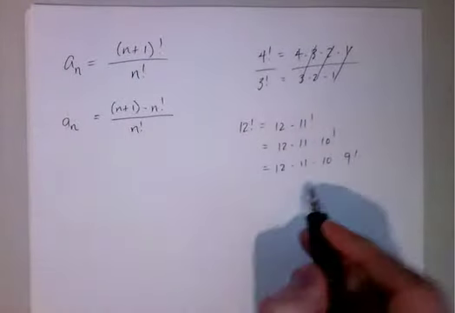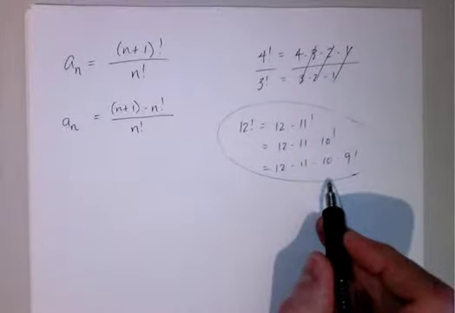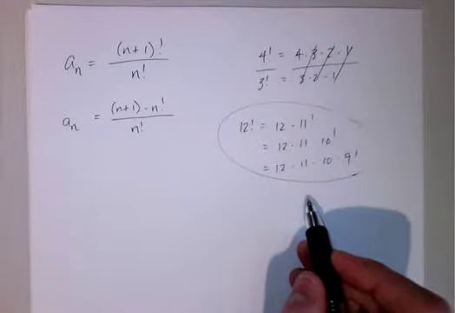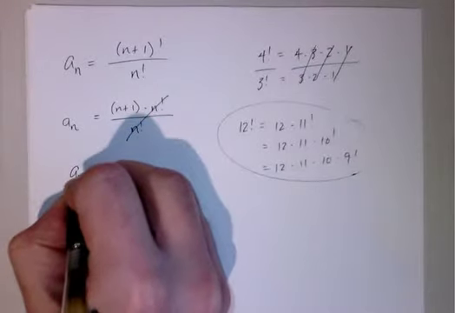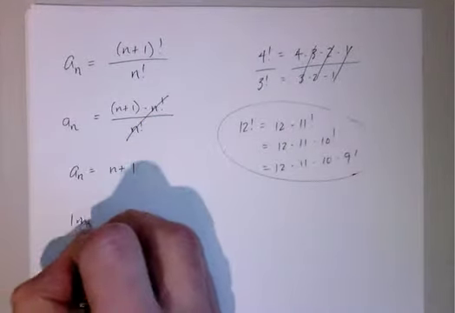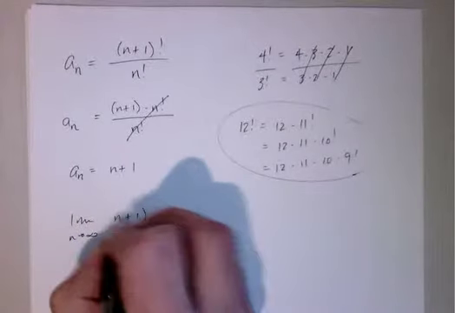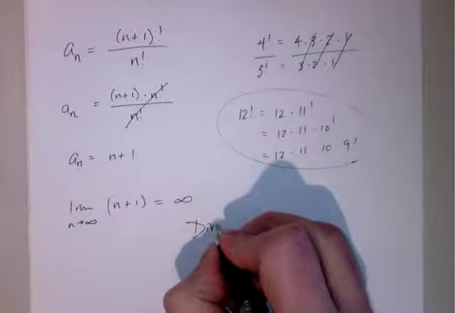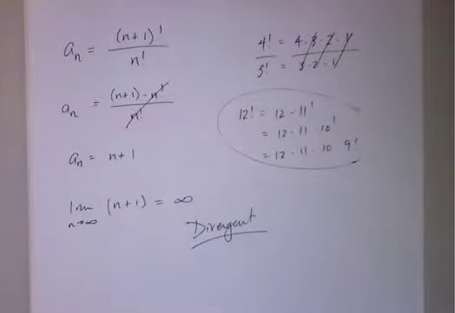And so all we've done is take what we've been able to do in terms of numerical factorials and change the form for the sake of simplification, and we've simply done it here. Now those obviously cancel out, and a sub n is just n plus 1. Well, I got news for you. When you take the limit as n approaches infinity of n plus 1, it's infinite, okay? And therefore this is a divergent sequence.